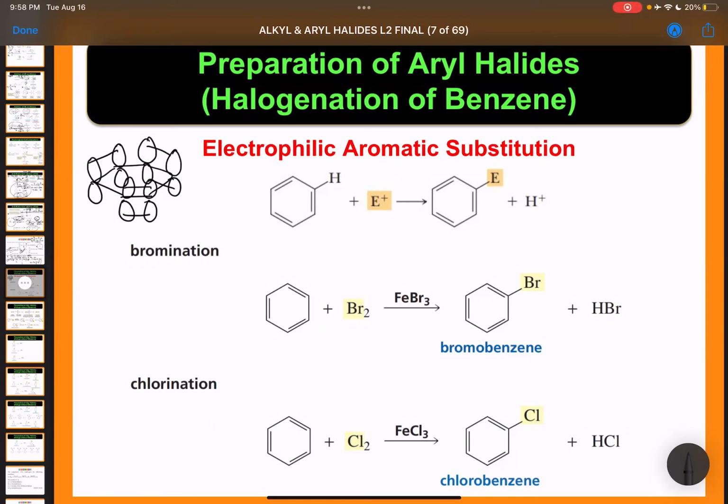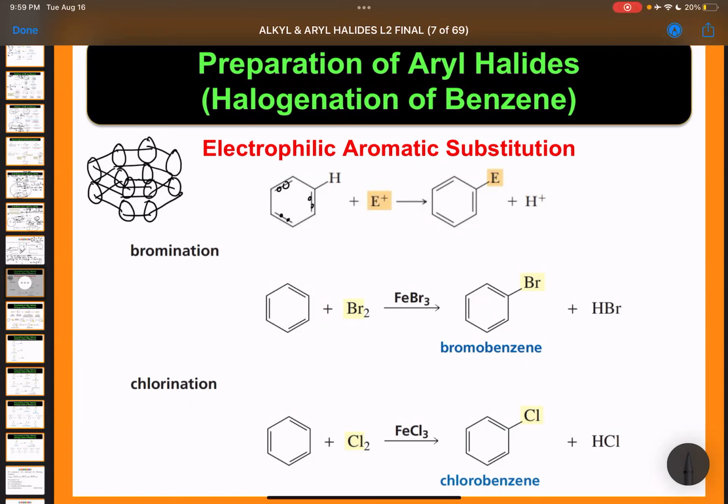But these p orbitals do not join only on one side, they overlap on all sides, because they are all neighbors. What benefit will it give? That will make the 6 pi electrons move throughout the ring.